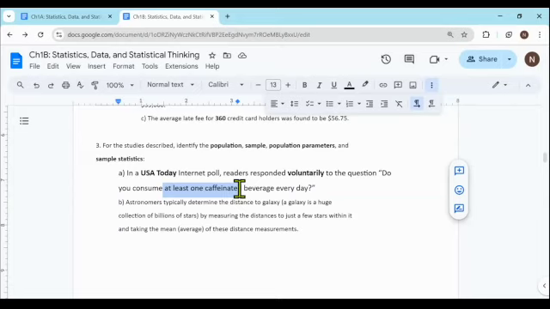Who responded? So that's the sample, right? We are doing statistics because not all of them responded. Okay, so the keyword here: who have at least one caffeinated drink among those who responded to the survey, because not all of them did. Okay.